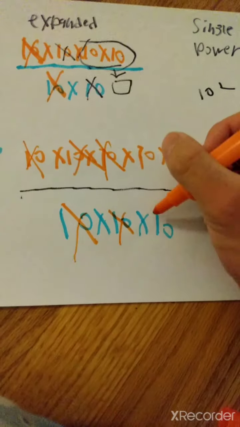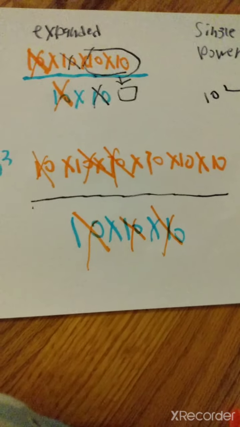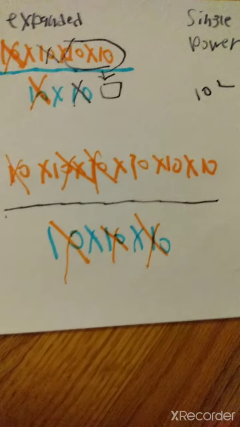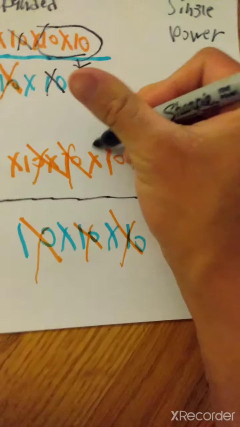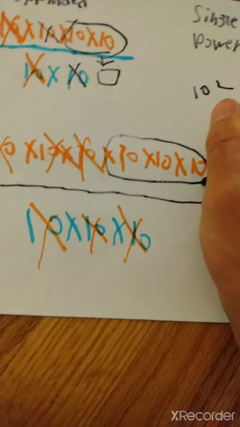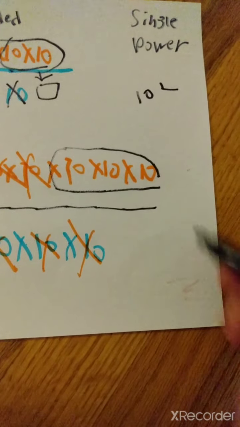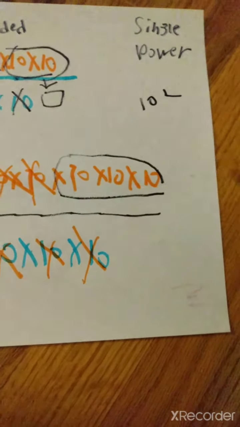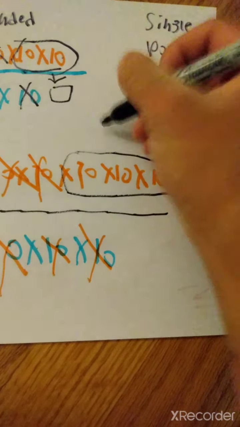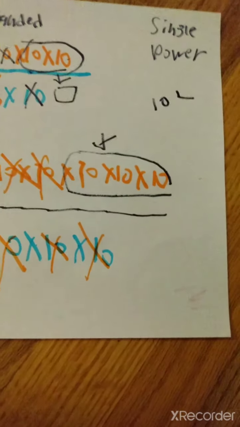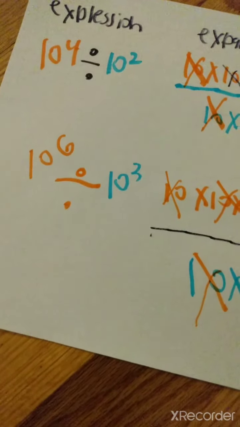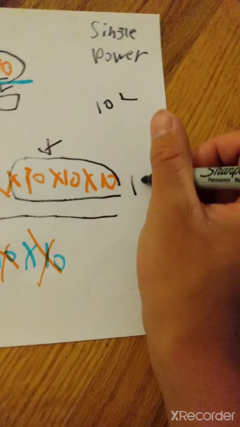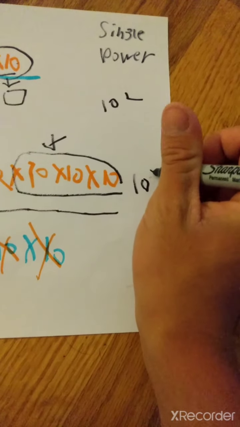And our last group is this one and that one. But there's a problem happening. This group of 10s do not have friends in order to leave the equation. They're just stuck there. So what's left over is our final answer. 10 to the power of 6 divided by 10 to the power of 3 gives an answer of 10 to the power of 3.